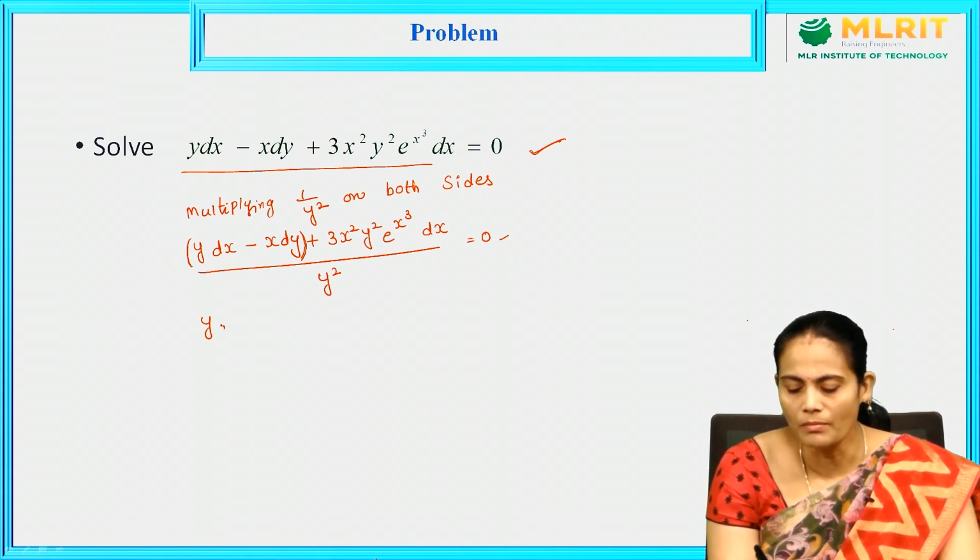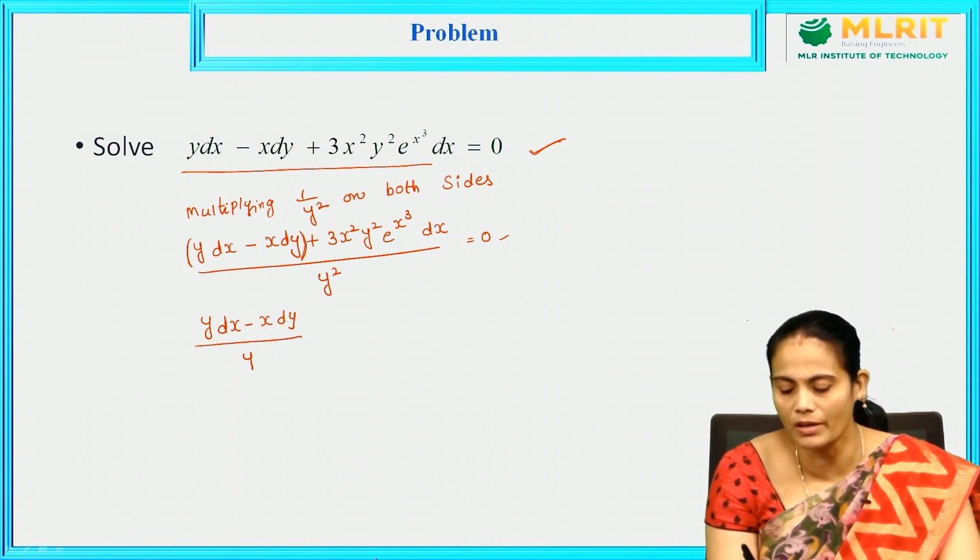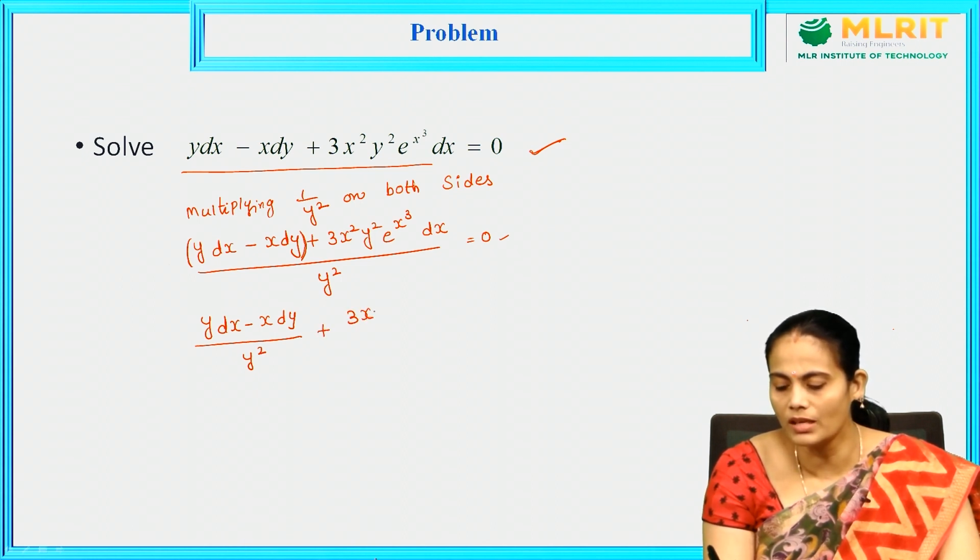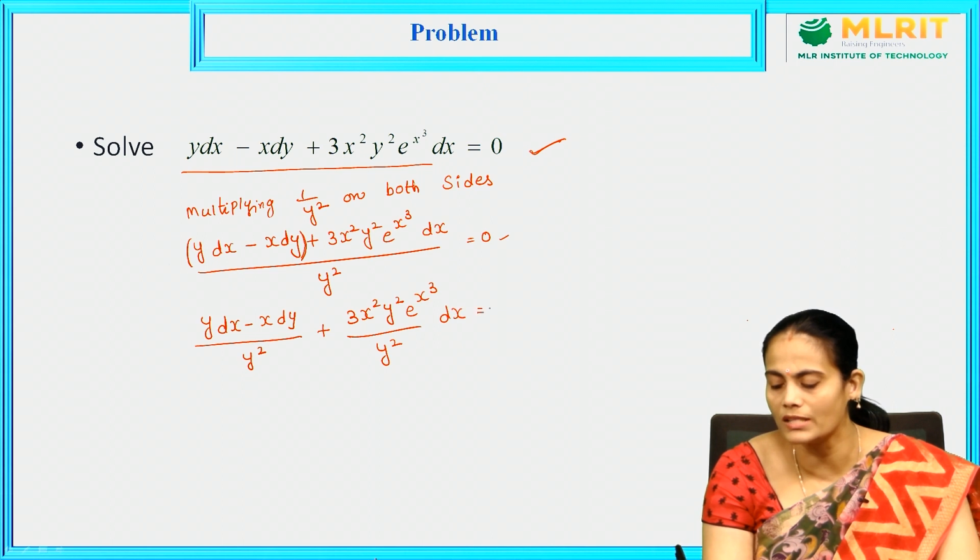For this term, I am dividing with y square. Y dx minus x dy by y square plus 3x square y square into e power x cube by y square into dx is equal to 0.